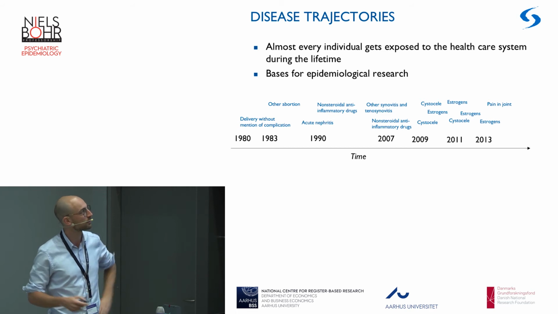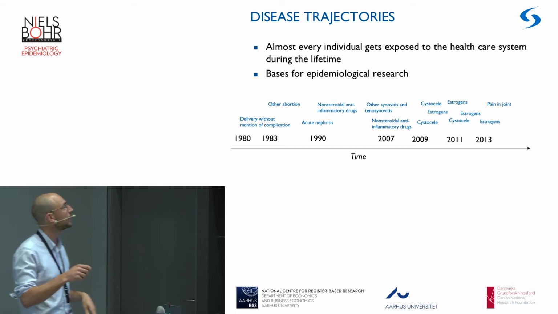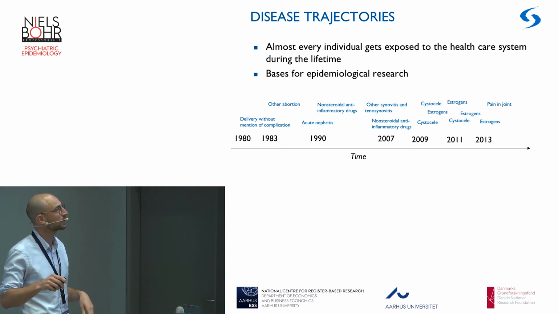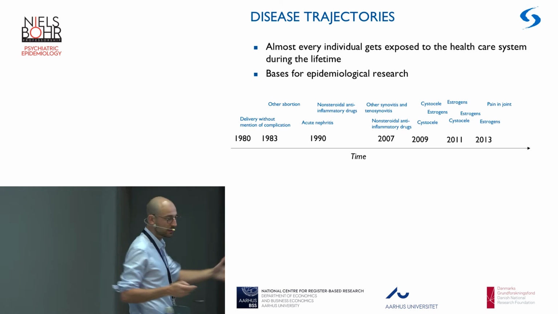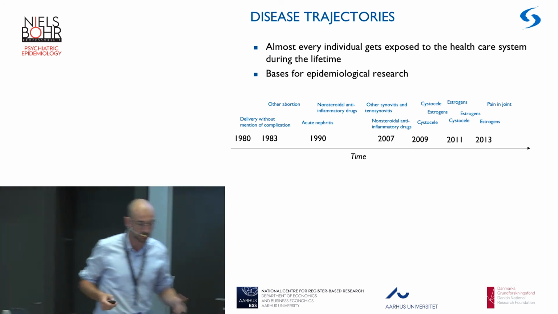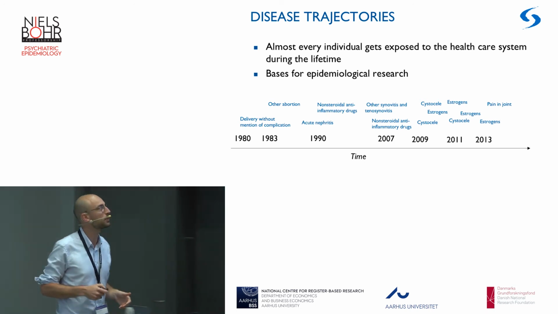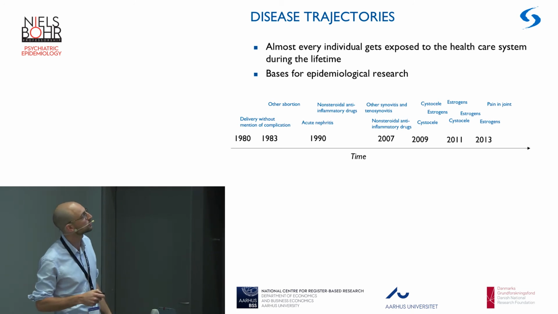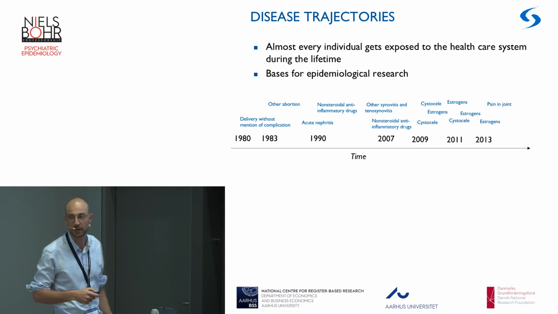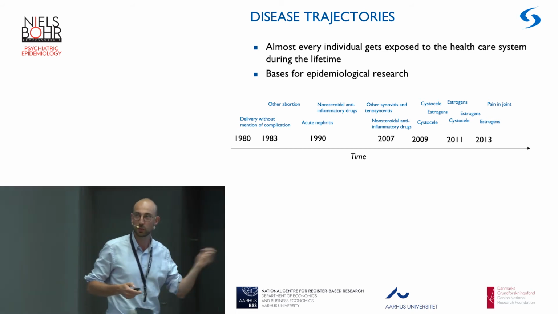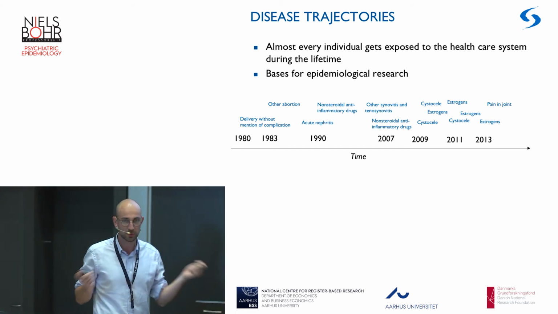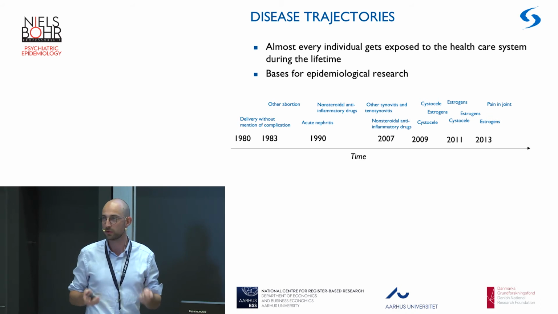This is a semi-real individual from Finland, with a lot of different contacts and medications over time. So you have this disease trajectory. A lot of epidemiological research has been about questions like, is acute nephritis associated with something else down the line? So one question, one answer. There's absolutely no reason why we cannot move from this to doing it at larger scale.